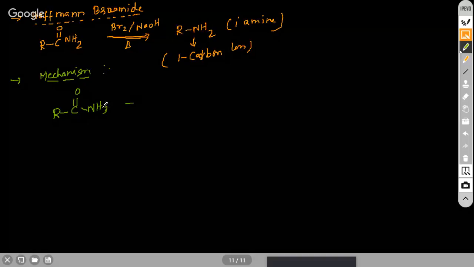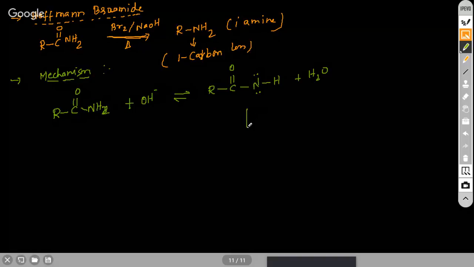Now when this reacts with this OH minus from the base, what does this OH minus do? It takes this H plus from this, right? So you'll get RC double bond O N with two lone pairs here, and H2O.